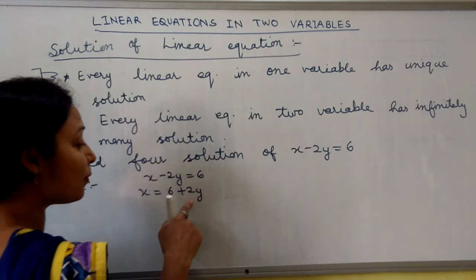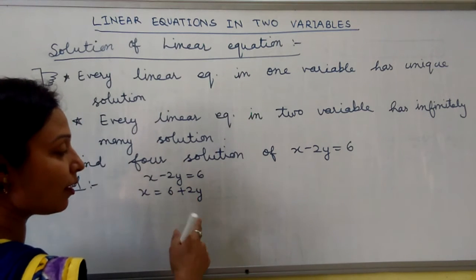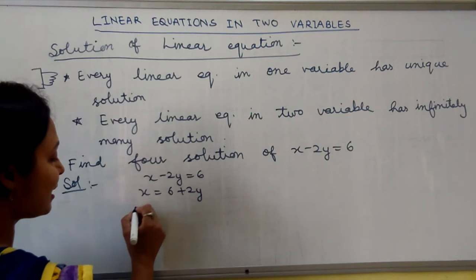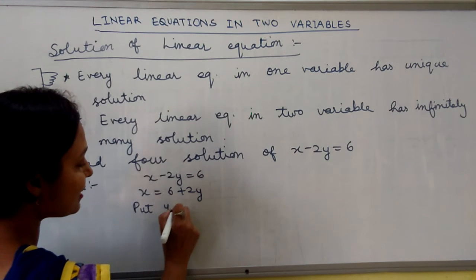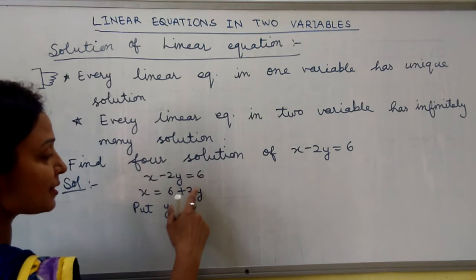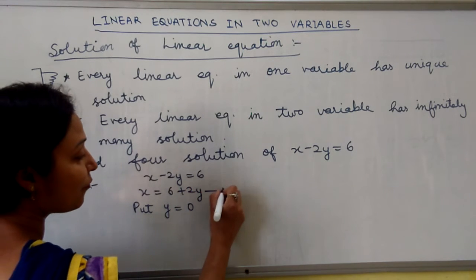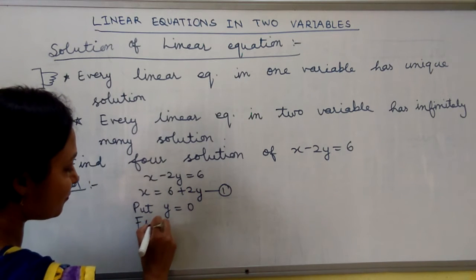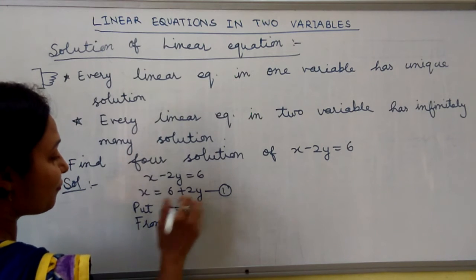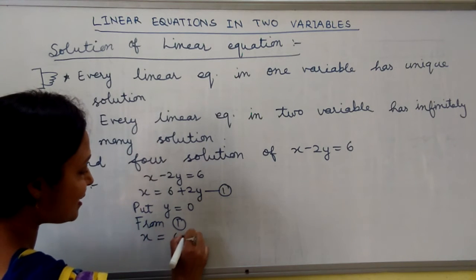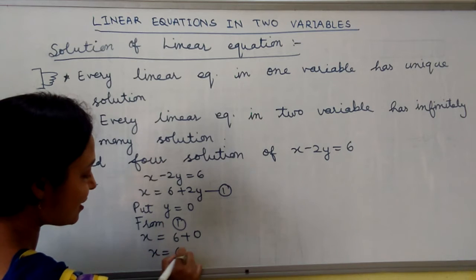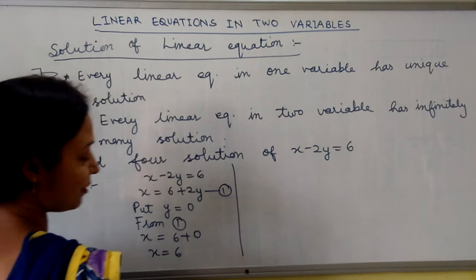Now I will put the value of y, and I will get the value of x. Put y equals to 0. When y equals to 0, put in equation 1. From 1, x equals to 6 plus 0 equals to 6. So this is one of the solutions.